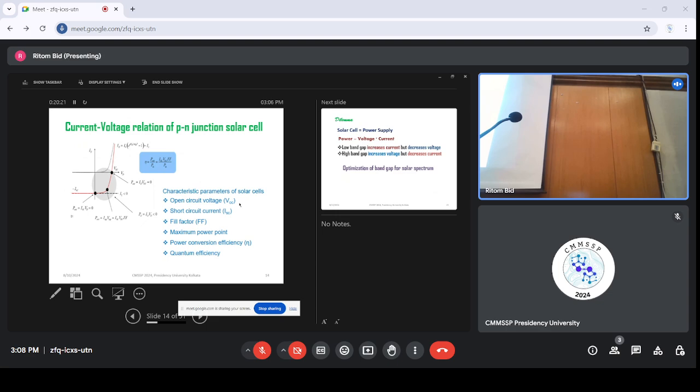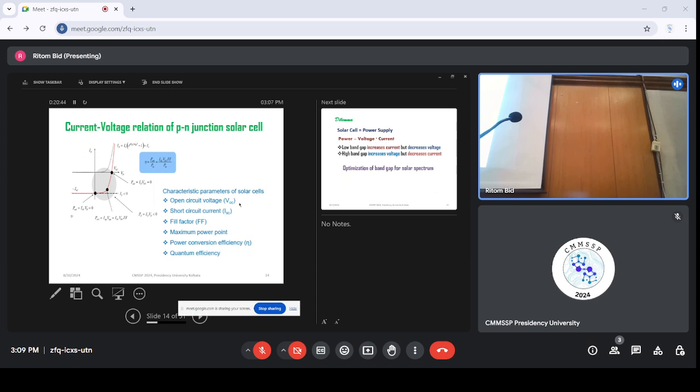So we get current in this opposite direction, which is negative current. That means the minority carriers contribute to this photocurrent. That is why the current is in the opposite direction. And this VOC is the maximum voltage developed in the junction, where the current is 0.